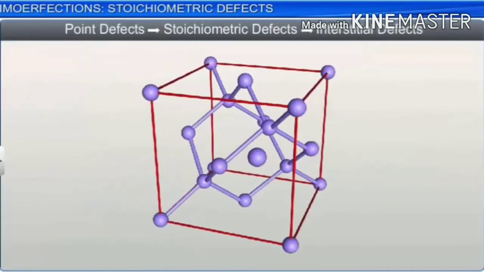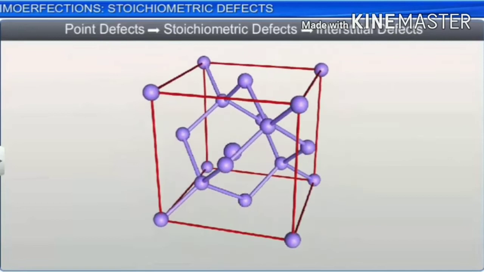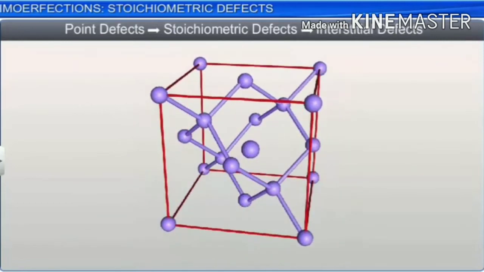On the other hand, an interstitial defect arises when some of the constituent particles occupy the interstitial sites in a crystal lattice. From the figure, it is evident that some constituent particles occupy the interstitial sites in a crystal lattice. As a result of this defect, the density of the substance increases.